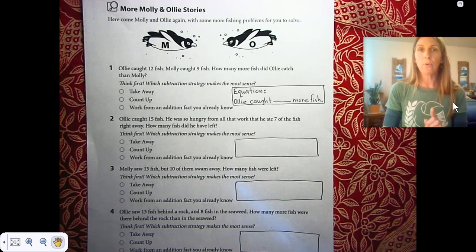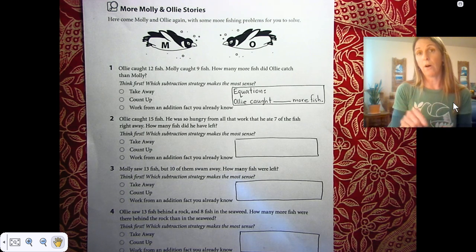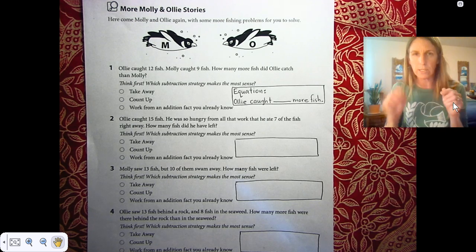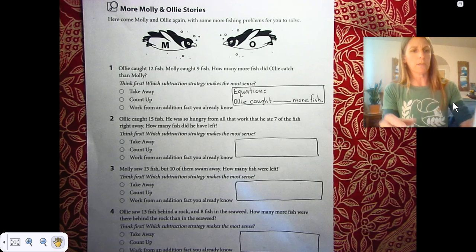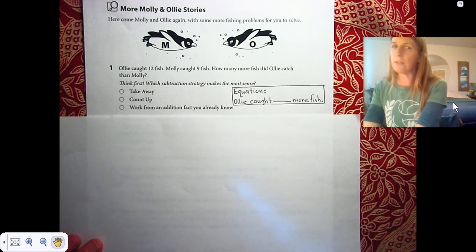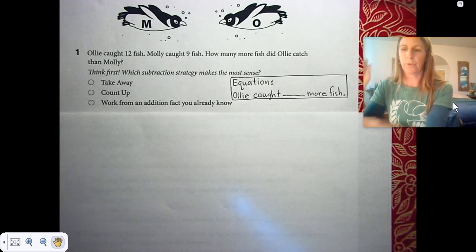So for number 1, I'm going to do that with you right now. And I've also done it for you on Seesaw. But I want you to do this with me too. So let's think about this. So focus in here and let's look. I'll even cover up the other ones. Let's look just at number 1. Perfect.